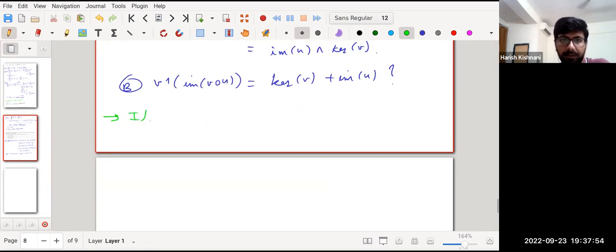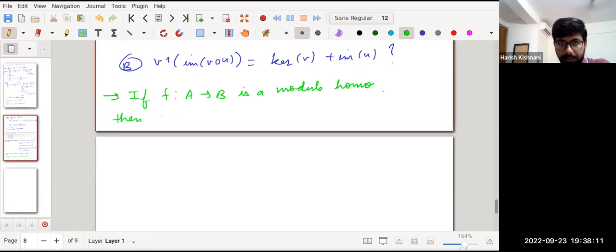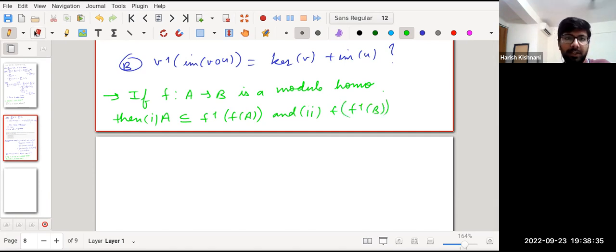If f from A to B is a module homomorphism, then A is always inside f inverse f of A, and maybe a more general statement I can write, because we will require a more general statement.